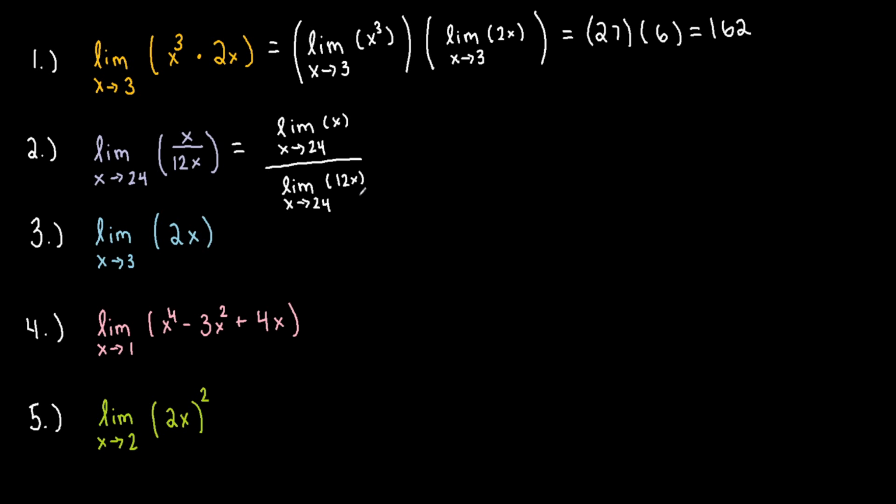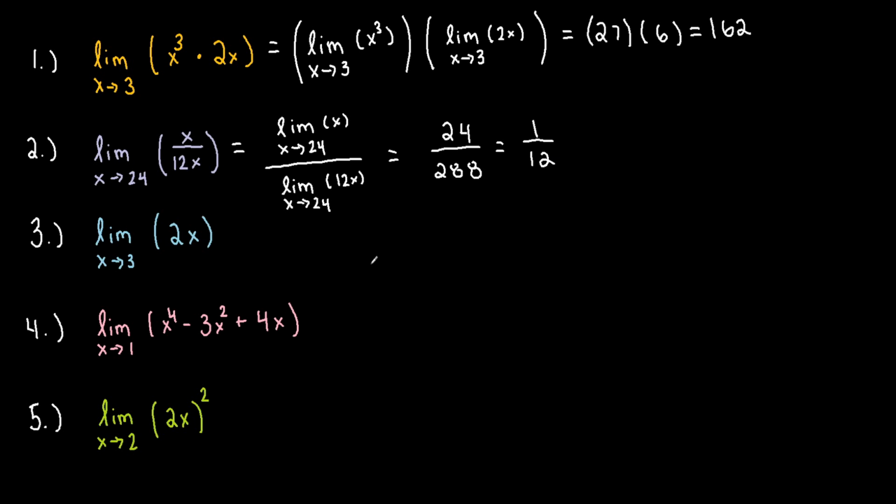And we can use direct substitution to solve this limit. So this will equal 24 over 288. And this will simplify to 1 over 12.